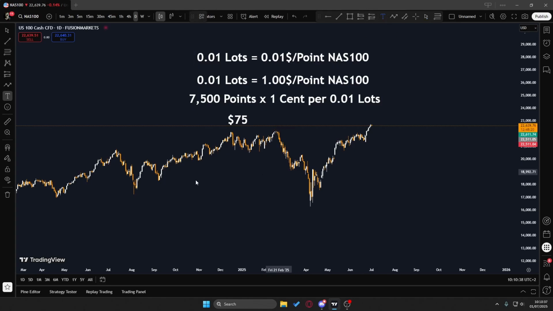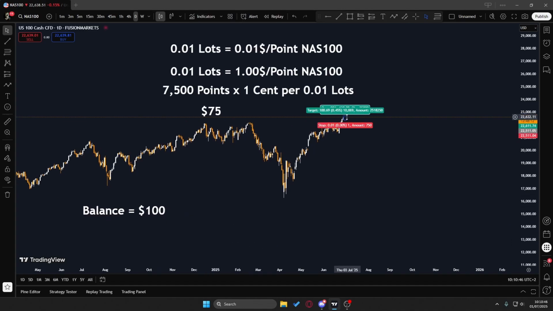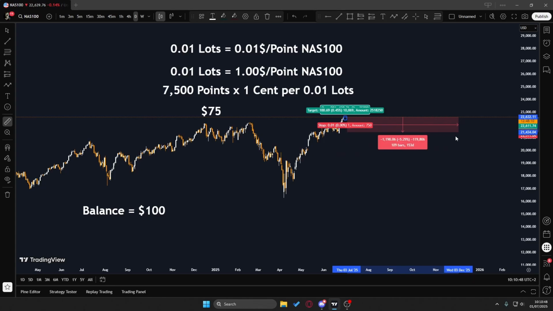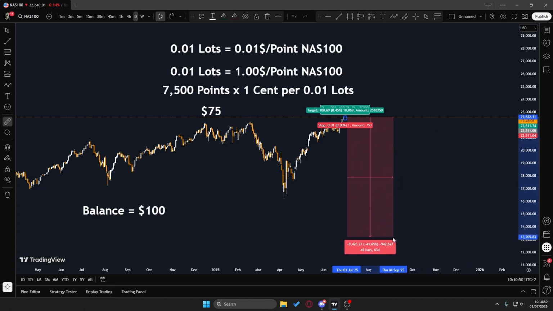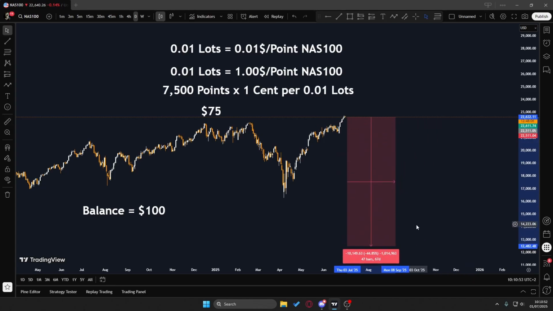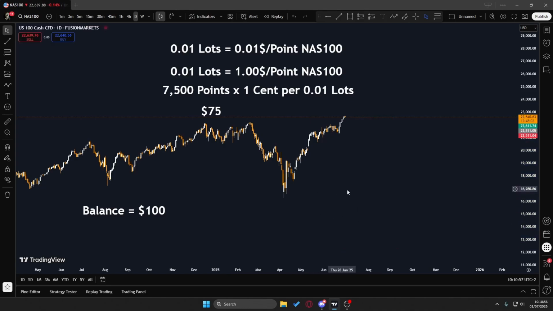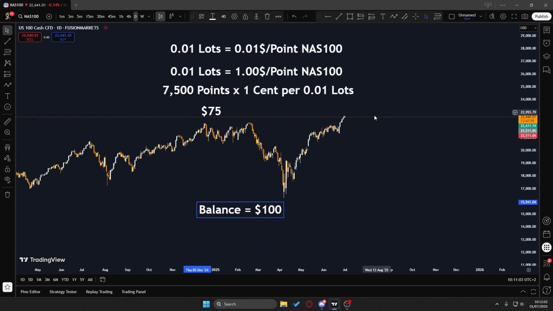If I now have a balance of $100, the price would now need to drop from 22,500 all the way to 12,500 for me to lose my money. If the market is never going to come back to 15,000, I'm never going to lose this account. I can just wait for it to go back up.